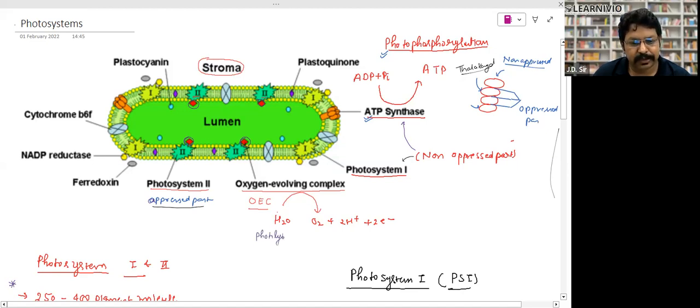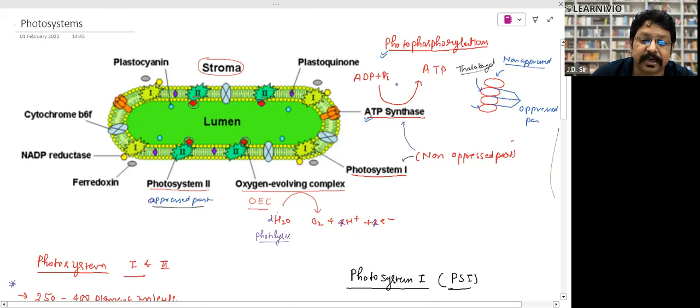So photolysis takes place, the water molecule breaks down, forming an oxygen molecule, 4 hydrogen atoms, and 4 electrons evolve over here, right? That's how the photolysis of water takes place. It takes place only in the appressed part. In the non-appressed part, photosystem 1 is found, the open part. The non-appressed part also has ATP synthase.